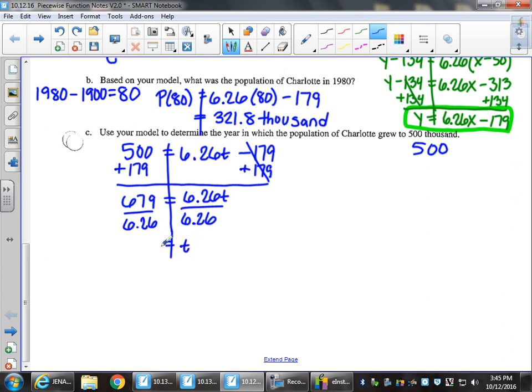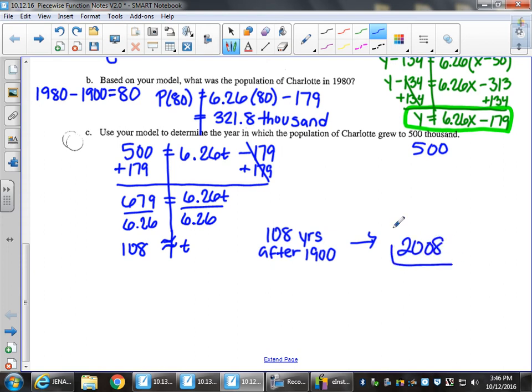That gets us t equals approximately, so let's make a little wavy line, 108. 108 years after 1900 becomes the year 2008.